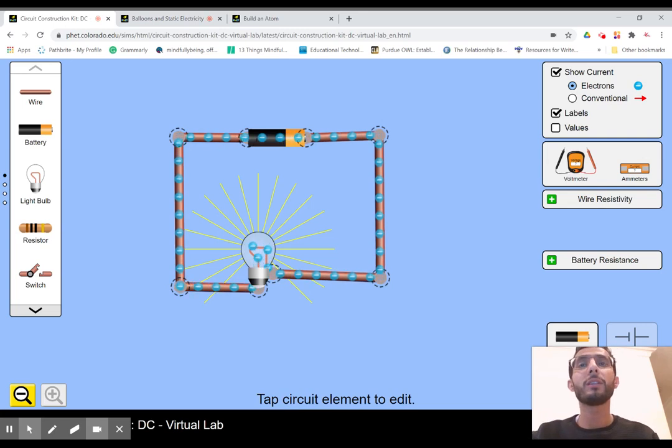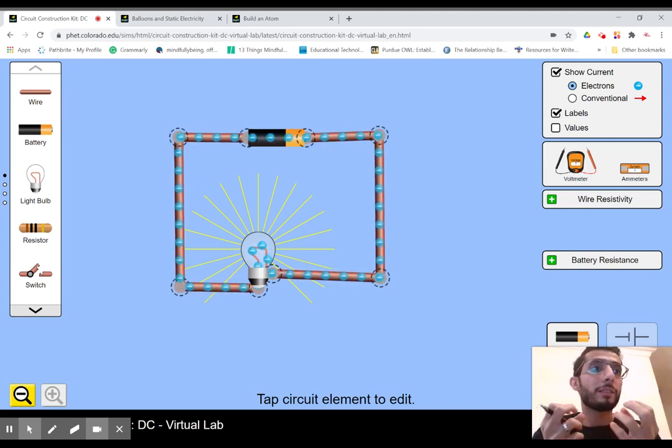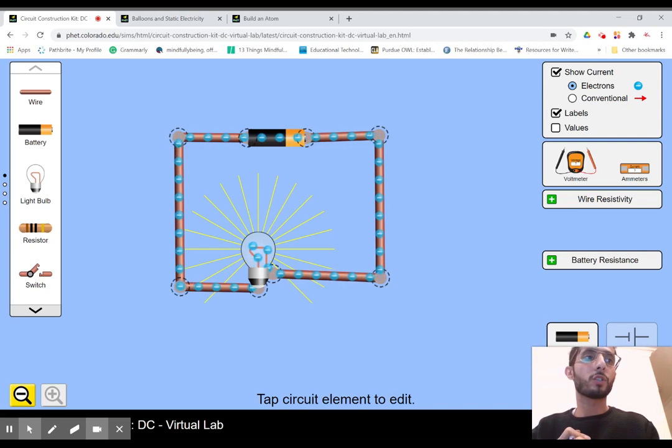So current electricity is the energy of the movement of electrons, as you can see here, or movement of electric charges. As you can see here, the electron charges are moving. Okay, so current electricity is the energy of steadily moving electric charges.